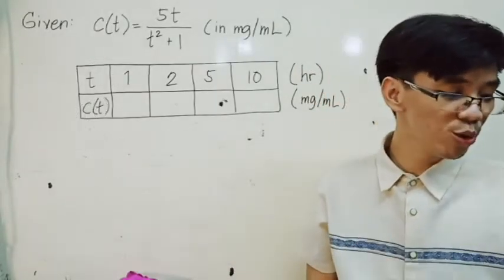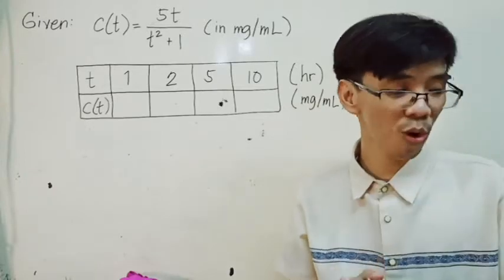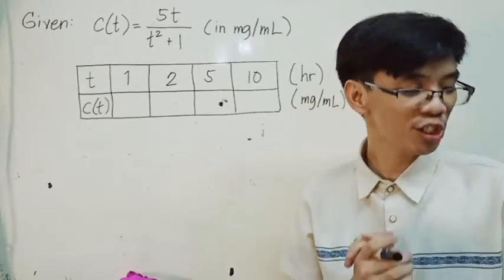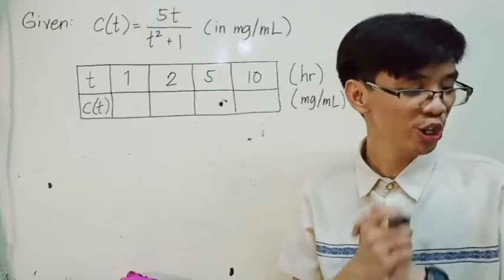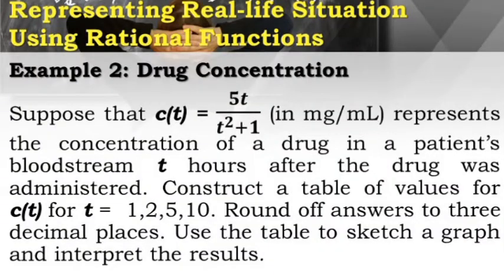After representing using velocity problem, let us now represent rational function in real-life situation using a drug concentration problem. Suppose that C of t is equal to 5t all over t squared plus 1, which is in milligram per milliliter, represents the concentration of a drug in a patient's bloodstream t hours after the drug was administered.